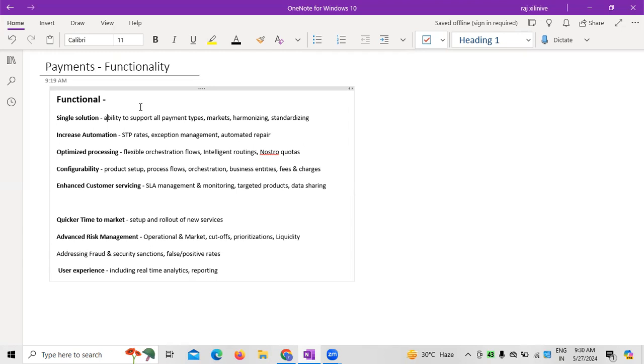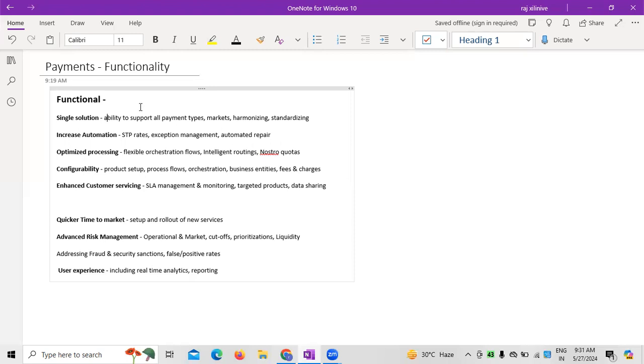Next, we need to address fraud and security sanctions, because when you are developing a payment domain specific application, payment transactions happen from one system to another system. There are possibilities it may be misused, such as fraud or malware attacks.